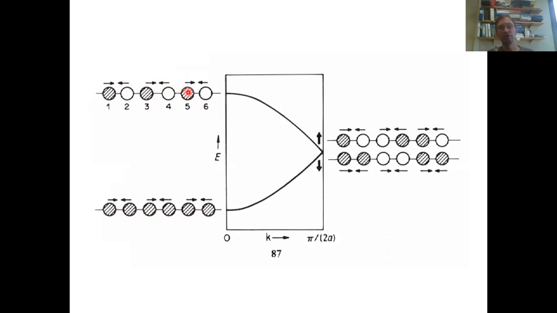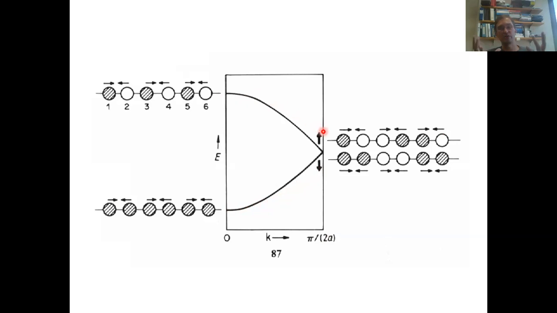So again, no change. But as we go from k equal to 0 to k equal to pi over 2a, the bonding orbitals here will become lower in energy as we go from bonding to non-bonding, and here the antibonding interactions will be enhanced as we go from k equal to 0 to k equal to pi over a.